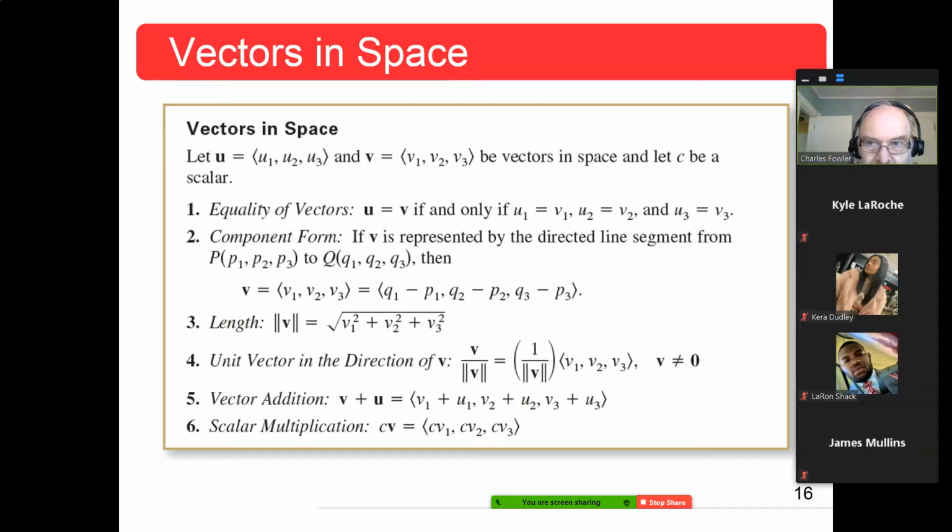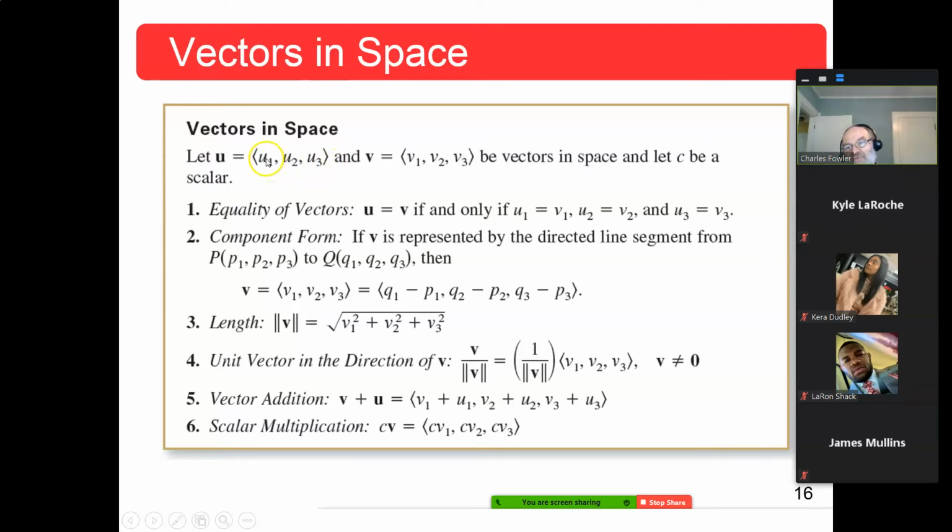These are properties of vectors in space. So in space you've got to have 3 dimensions. On a plane, 2 dimensions. Space, 3 dimensions.